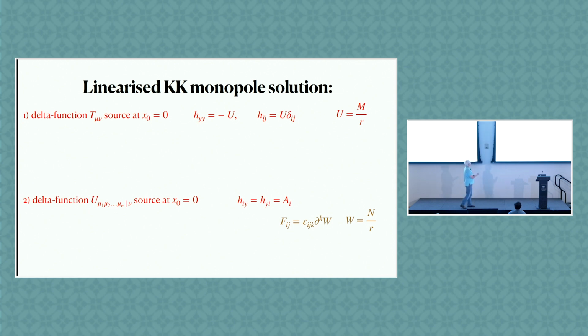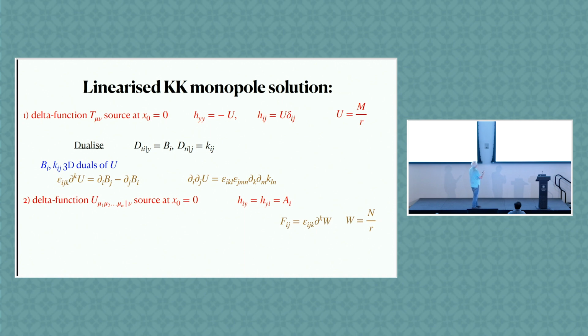So here we have what I just had on the last slide, the linearized Kaluza-Klein monopole solution. We could dualize this part of the solution to get a dual graviton, where the dual graviton is given by W, where W is the scalar dual in 3 dimensions to this vector field.